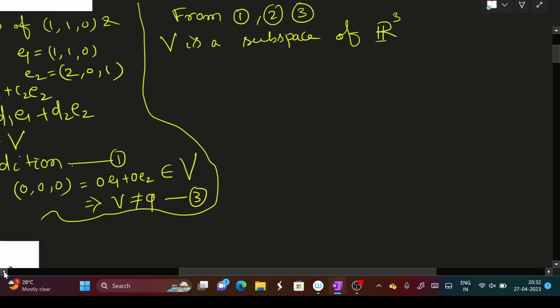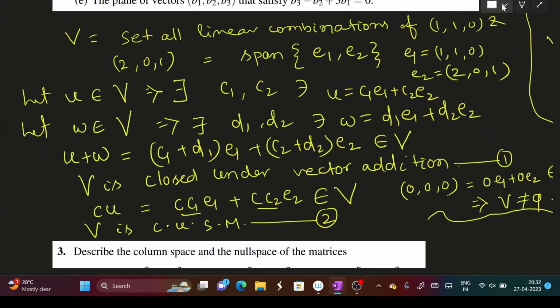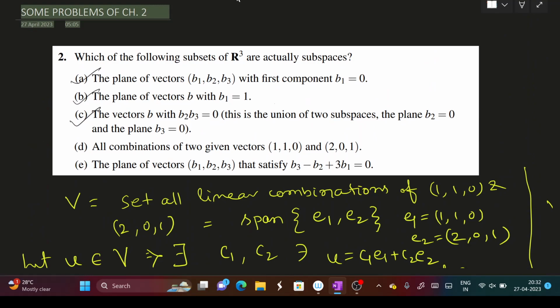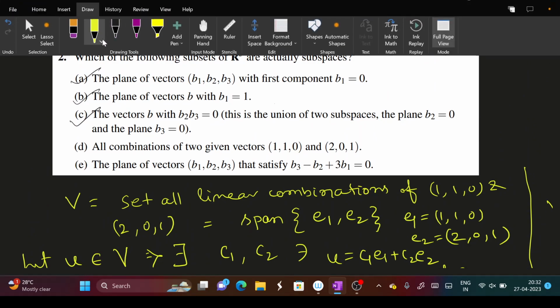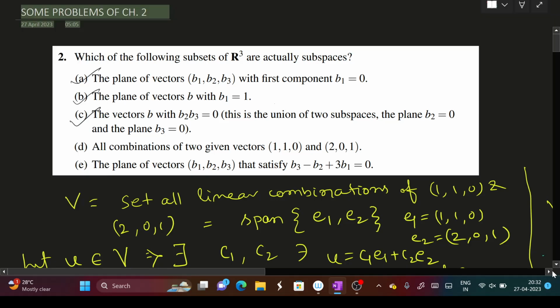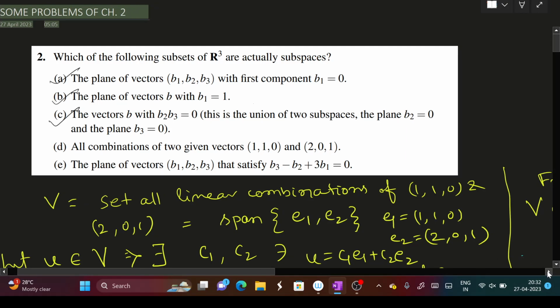Now what is question E? Question E is this. I will change the color to make it feel like two different problems. B3 minus B2 plus 3B1 is equal to 0.